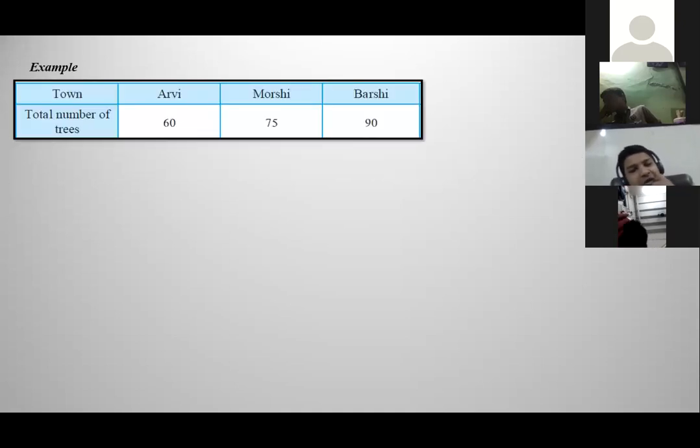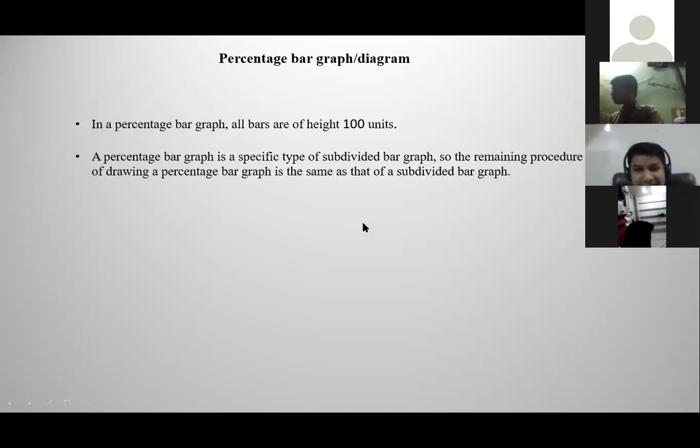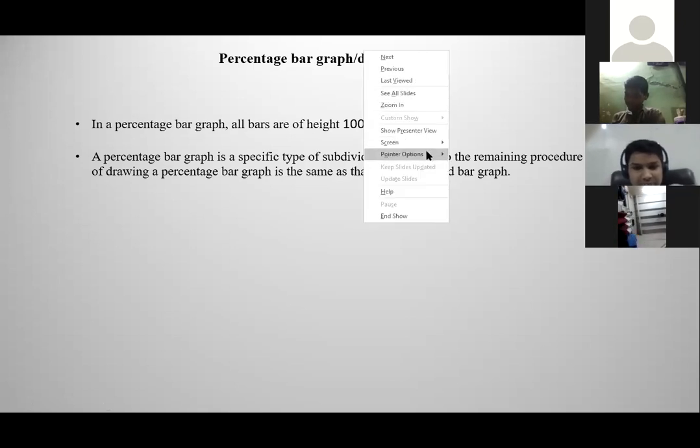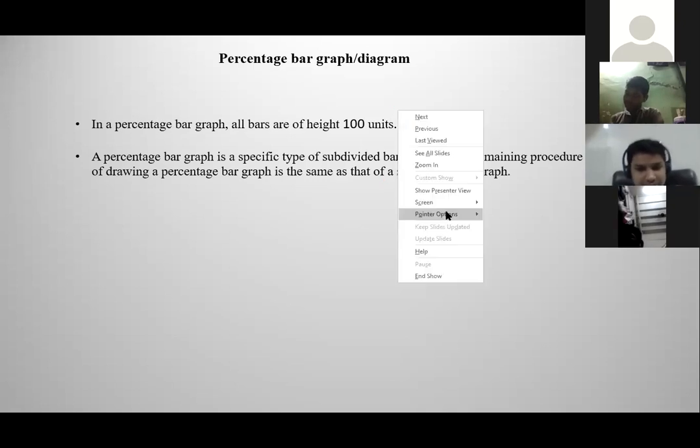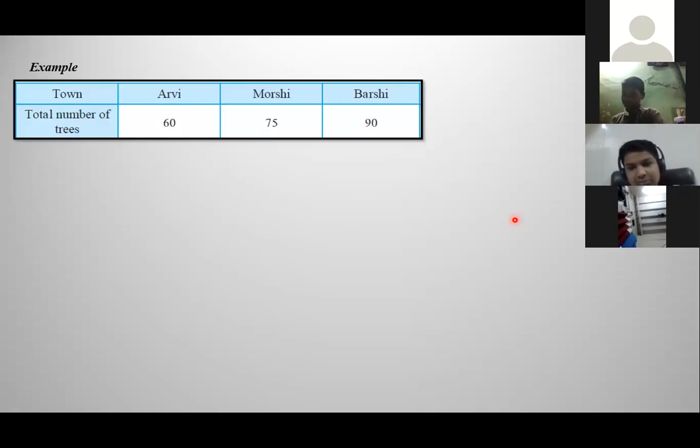So see, for example, if you see this example, the name of the town is given, 3 towns are given, Arvi, Morshi and Barshi, and the number of trees is given.